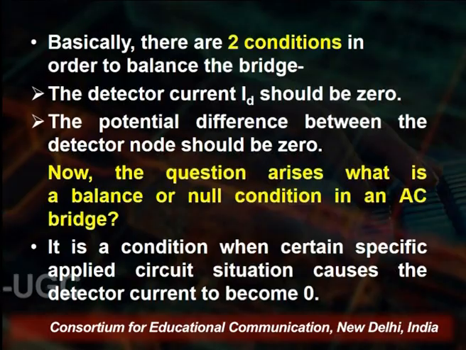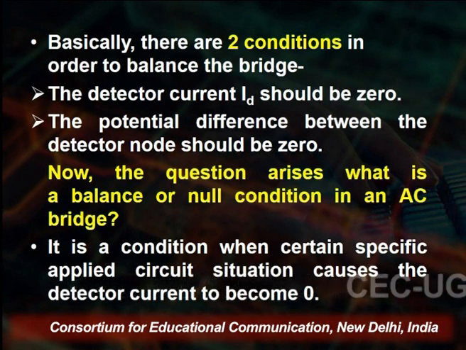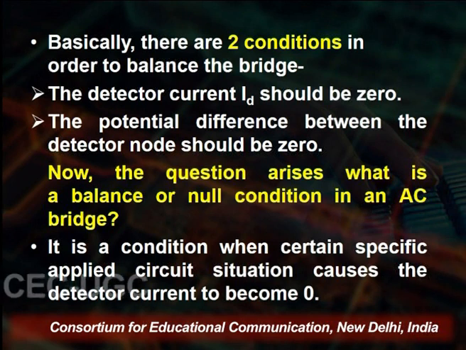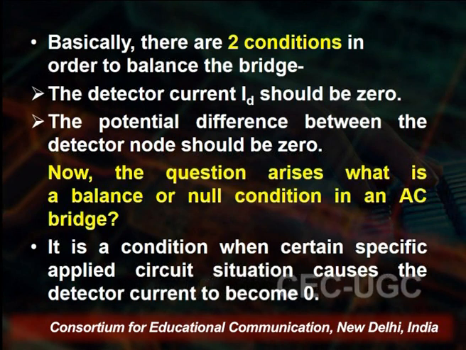Basically there are two conditions in order to balance the bridge. What are these two conditions? First, the detector current ID should be 0. As we are balancing, we make the detector current 0, so ID in the case of balance will be 0.